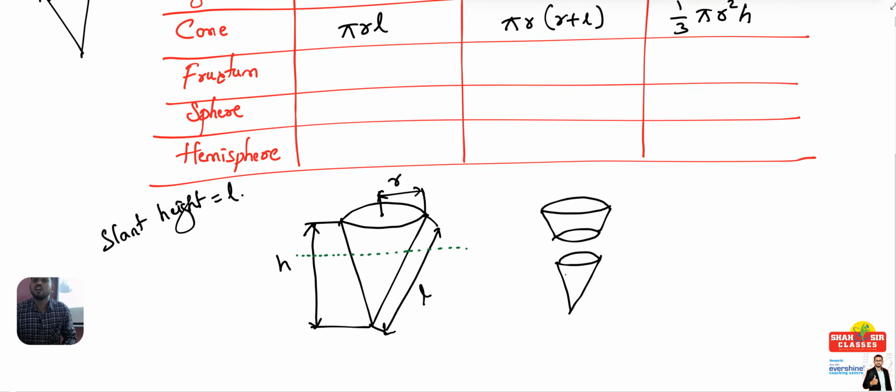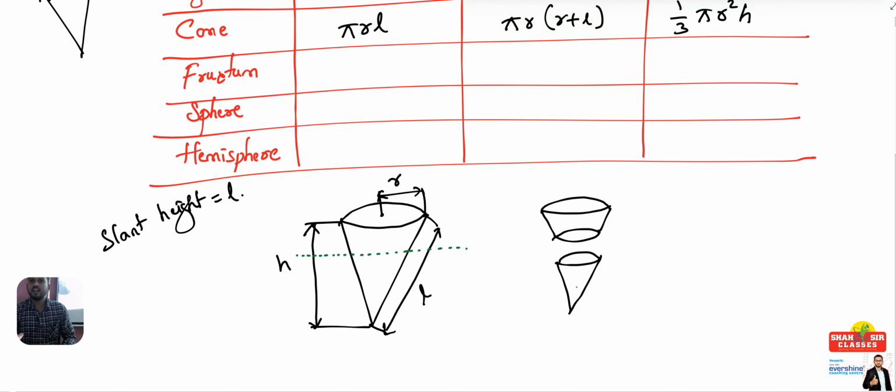Understood? Once we cut the cone into two parts, leave that smaller cone. Which part is remaining? Top part or bottom part? The bottom part is remaining. That part is called the frustum of a cone.